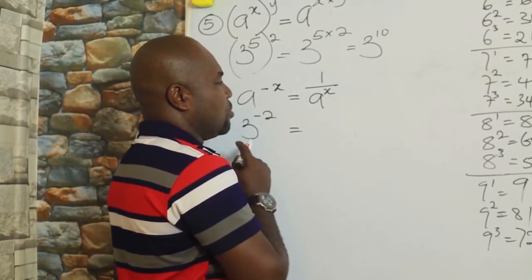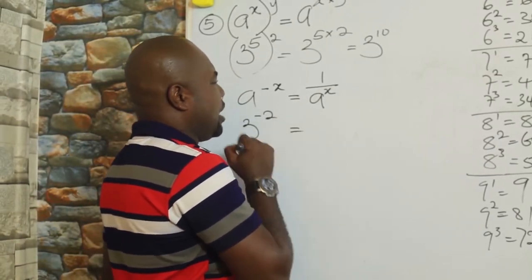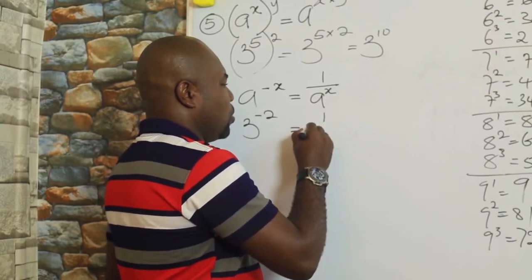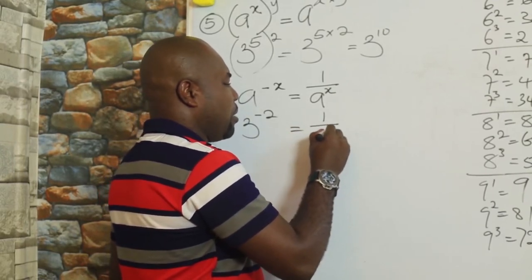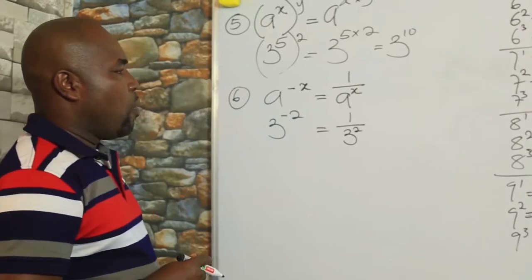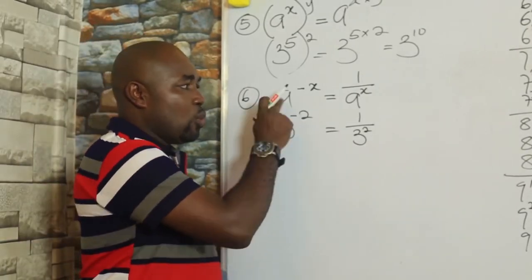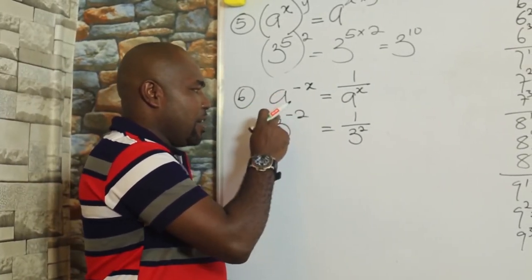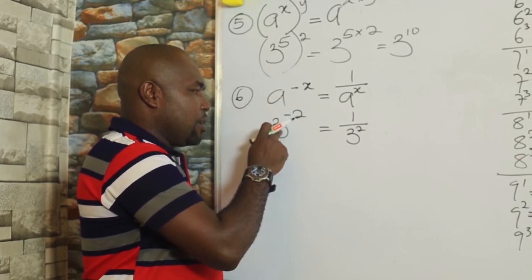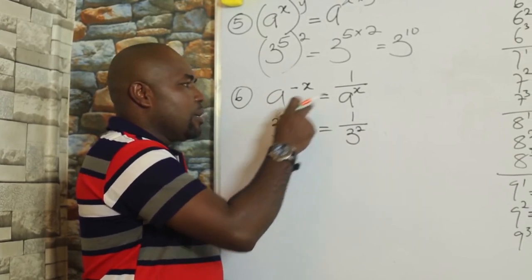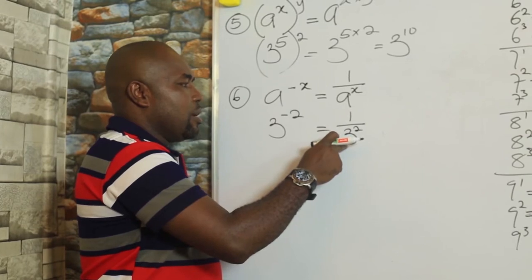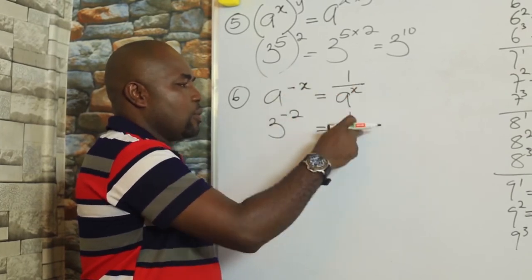Now, this will be equal to 1 over 3 raised to power 2. Look here. This is A, here representing 3. X here is 2.